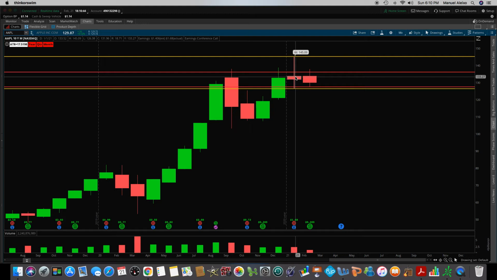January's high was 145.09 for Apple. January's low was 126.38, okay? What I do is I draw a horizontal line at the high and low, and I leave that line on there for the remaining following month of February, okay? When February turns into March, I do the same thing with February. I put in my high and my low on February, and I leave them there.